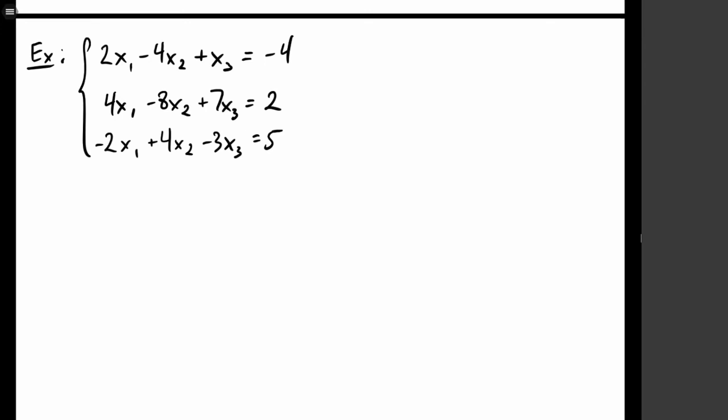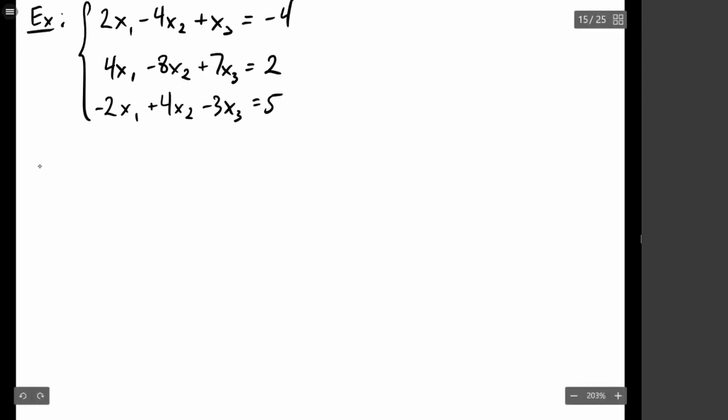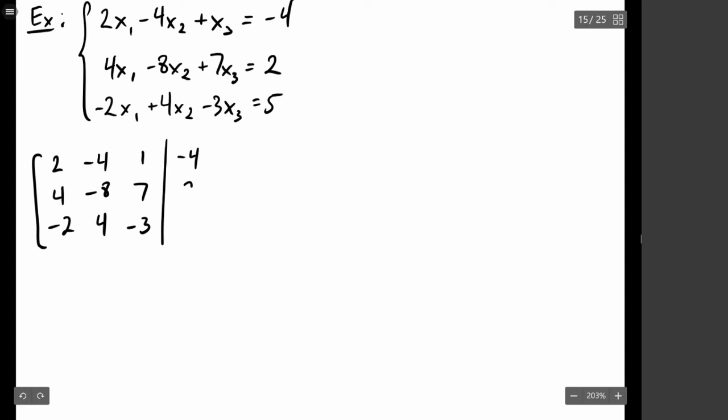So we're going to start out by switching this to an augmented matrix. And we're going to do the same things we always do here. Now, in this case, there's no convenient 1 here for us.